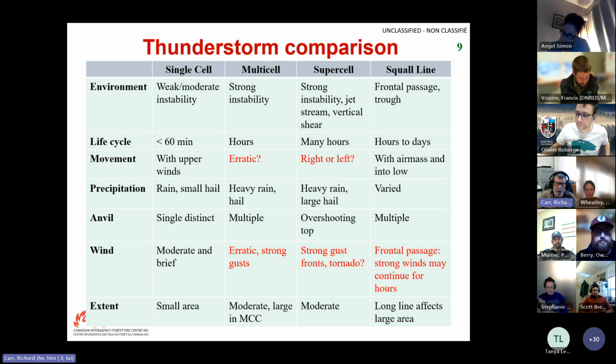but the multi-cells could cover a large area, and that MCC is a mesoscale convective complex, just usually a large, fairly roundish cluster of thunderstorms driven by a fairly warm, moist air mass. And quite often you see those usually in the moister areas.